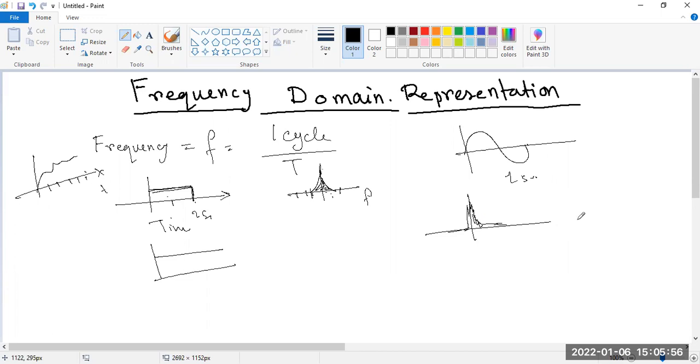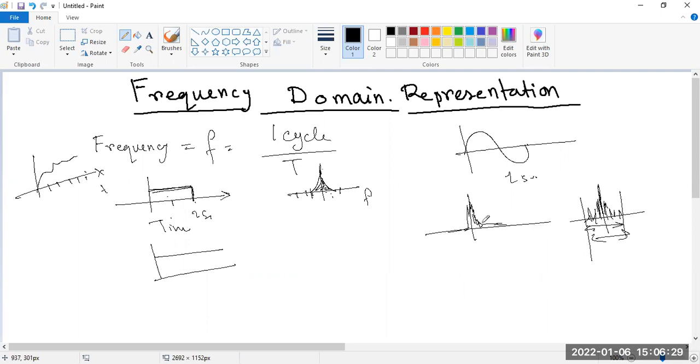But if I say "welcome, welcome, welcome" in this way, then you get some sharp frequencies, some high frequencies. This is a high frequency range, and it occupies this much frequency band. Because within 2 seconds I said welcome three times, it occupies more bandwidth.